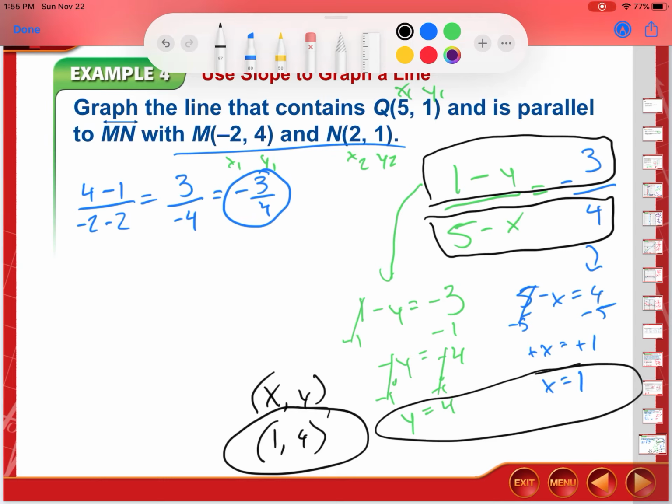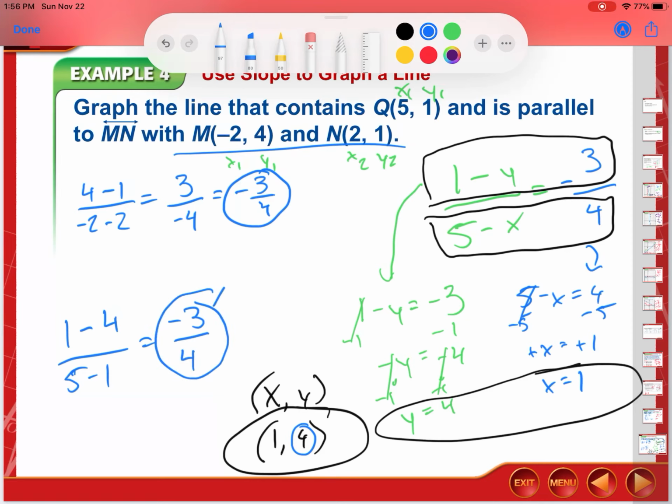Now, this works, but if we wanted to double check it, we could actually plug these values back in up here, and we could say 1 minus, then our y value, 4 over 5 minus 1.